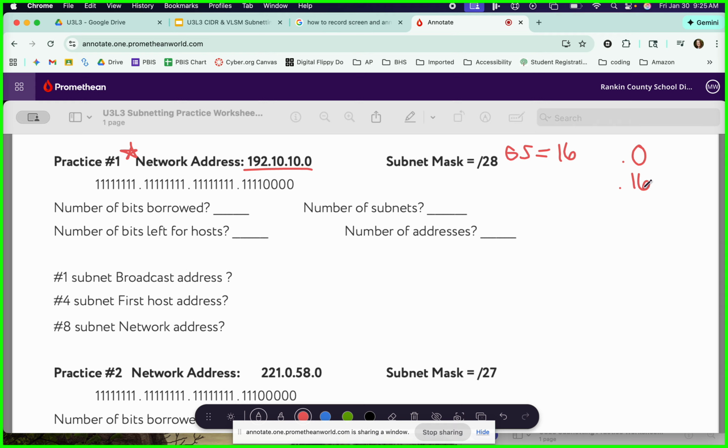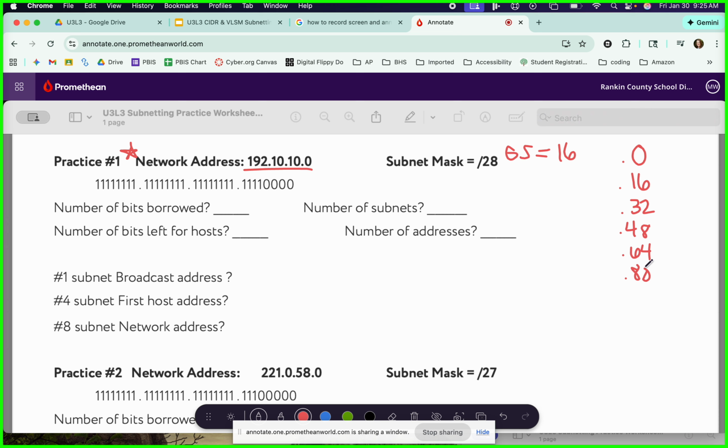All right, so 0, 16, 32 is next, dot 48, dot 64, dot 80.